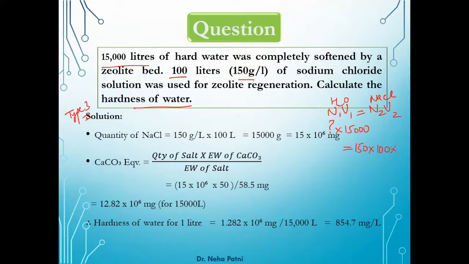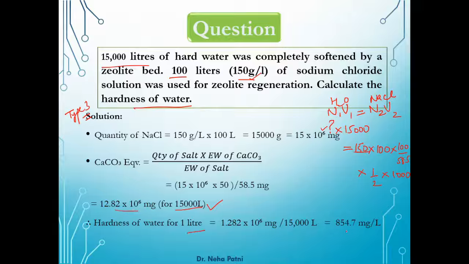Now I hope you remember what you have to do. You have to multiply it with multiplication factor, 100 into 58.5, multiply it with half and multiply it with 1000 also, because this 150 is in gram per liter and the normality which you are going to calculate would be in milligram per liter. So if you solve this way also, finding out calcium carbonate equivalent, then for this much liter, this much hardness is there.